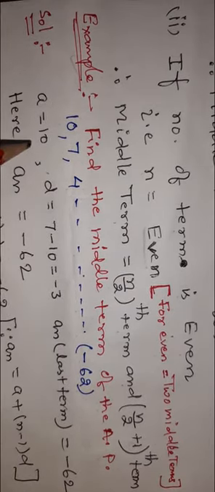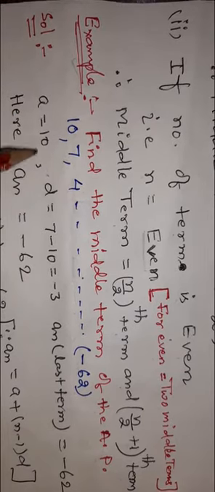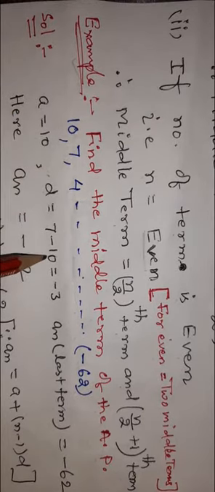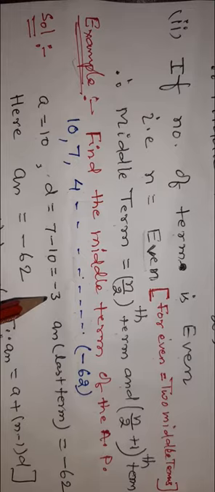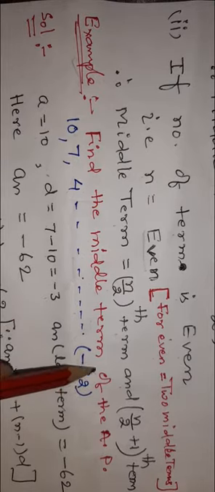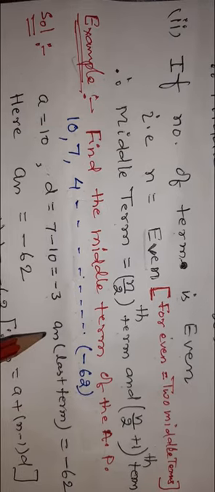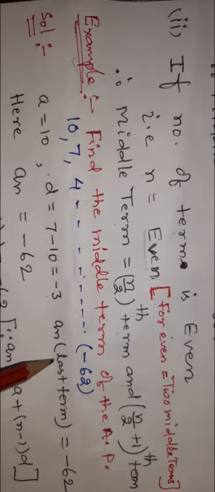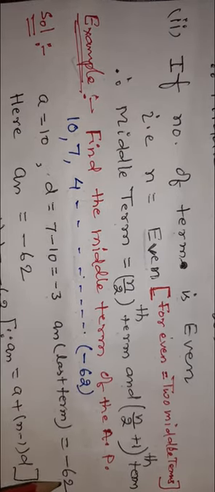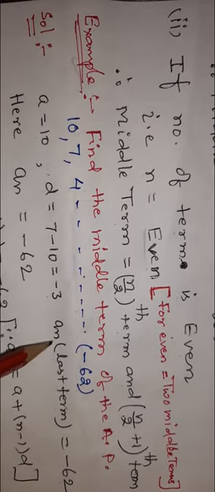According to the question, here a is equal to 10, d is equal to 7 minus 10 is equal to minus 3, and here students, minus 62 will be the last term, which will be written here: last term is equal to minus 62. And last term को हम लोग an से डिनोट करेंगे. अंडरस्टूड?